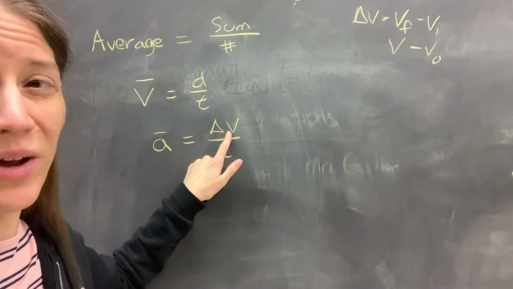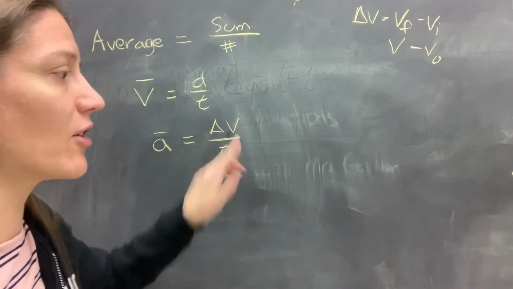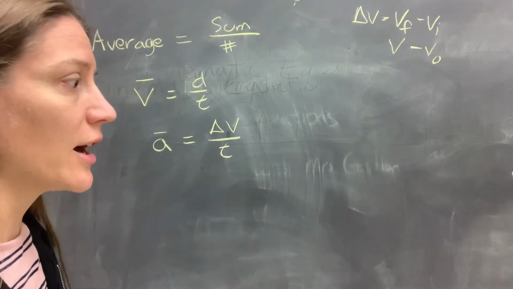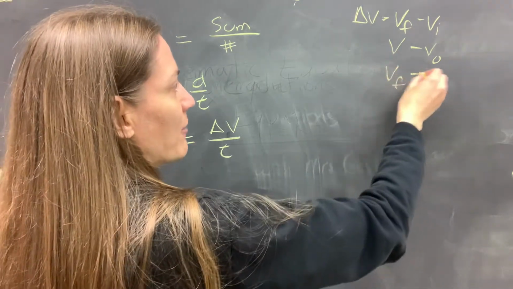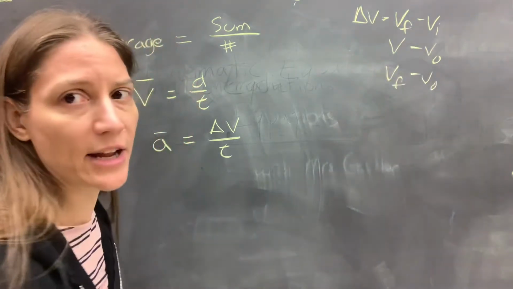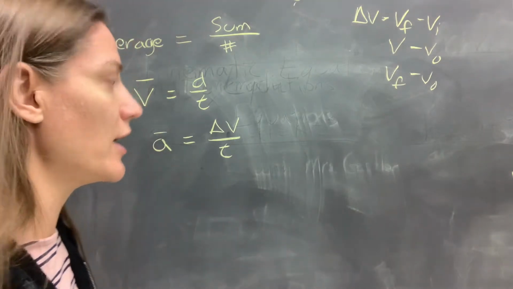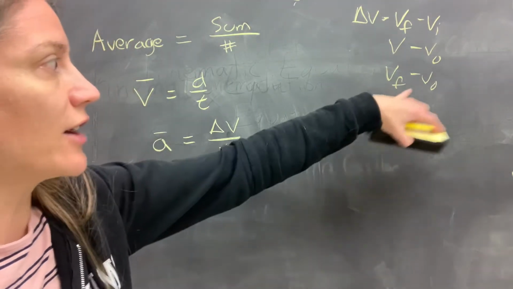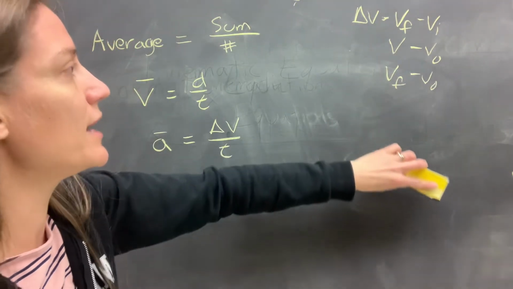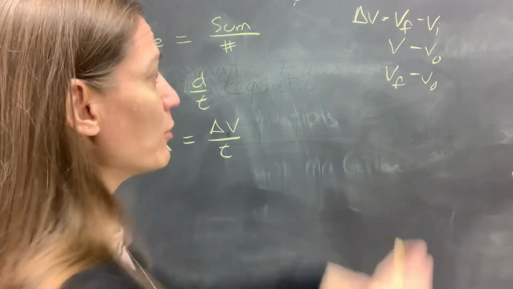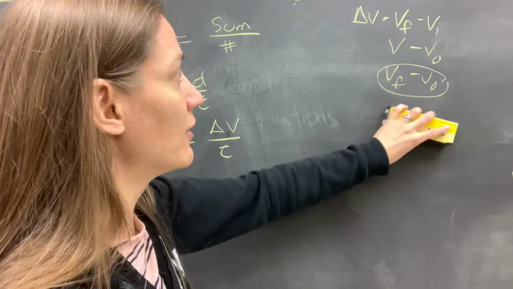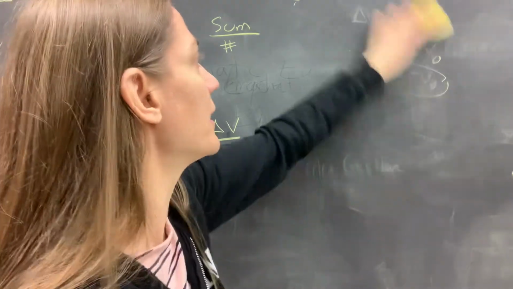There are several different ways to note this, and as long as you're consistent in your notation, that's fine. I tend to use vf minus v naught, which is an interesting combination of those. They all mean the same thing. As long as you have a distinct final and initial speed, that's going to be just fine. I will be using Vf and V naught for my final and initial speed.